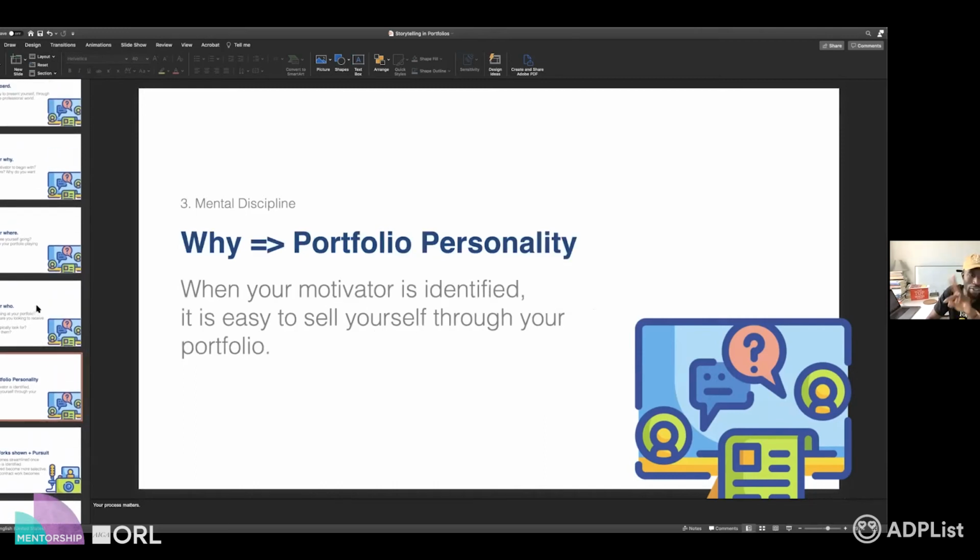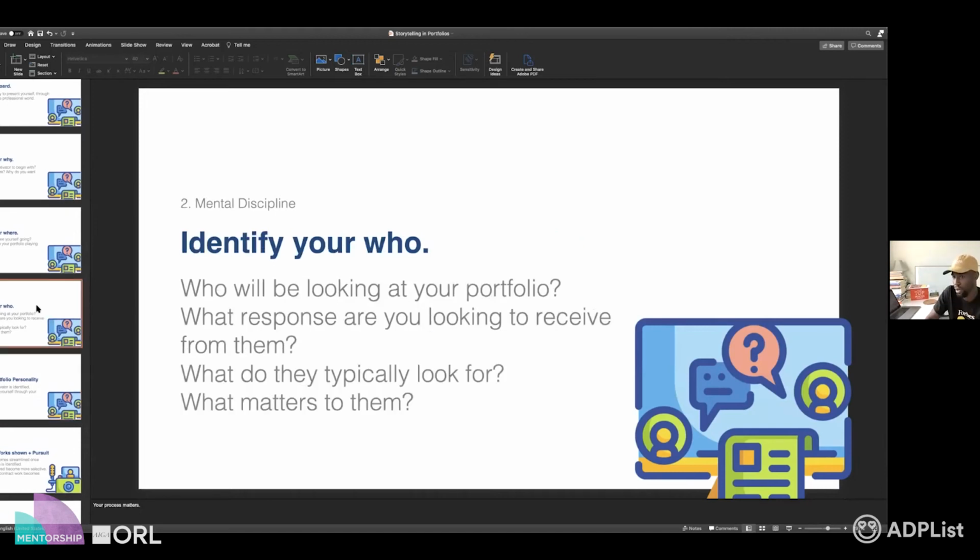Now, the third thing you should identify is your who, and that's what a lot of the speakers I've talked about already. That could be the hiring manager. It could be your boss or the boss that you're looking to work for, a manager, design agency, whatever it is.